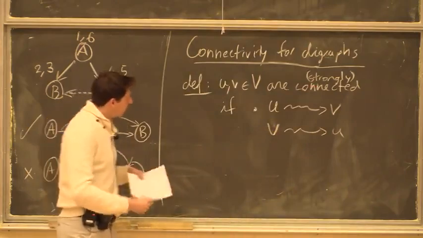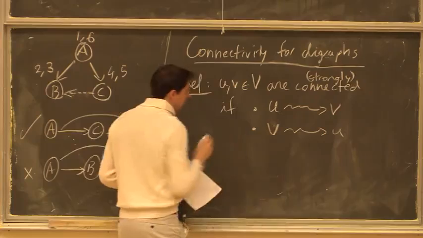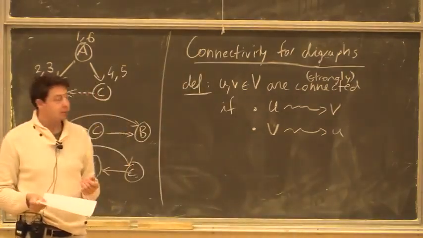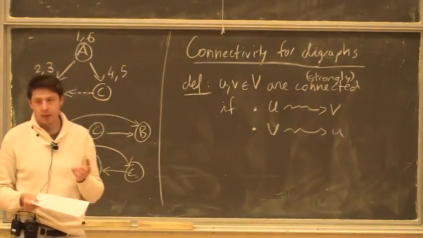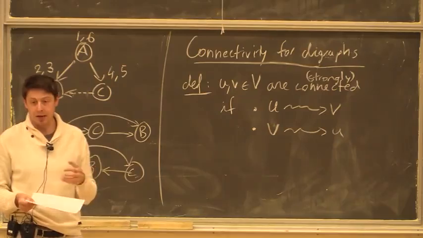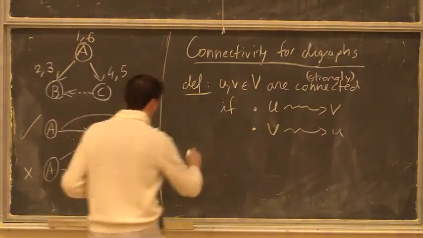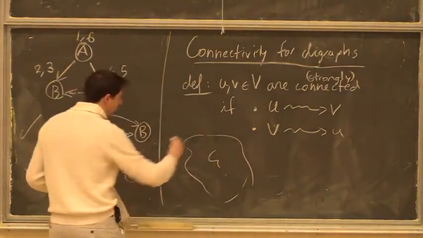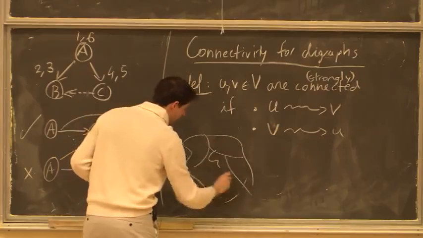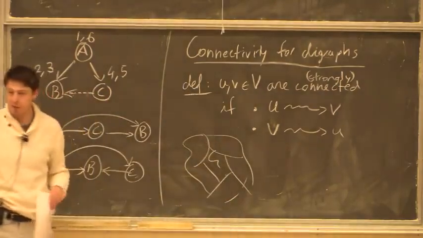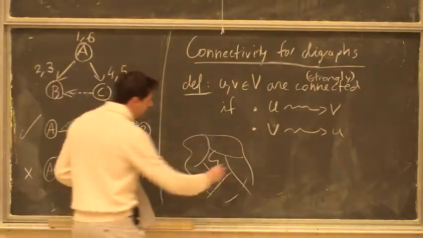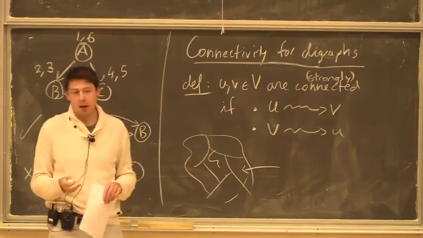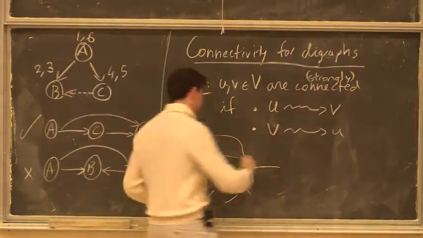Now, by strengthening the definition this way, we again have an equivalence relation. So again, we could take any graph and partition it according to this relation, like before, all right? And the components, while before we called them connected components, now we may call them strongly connected components, okay?